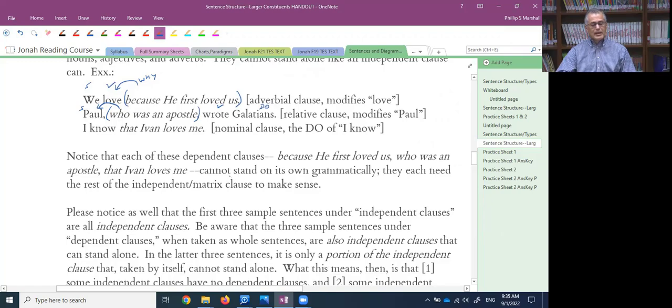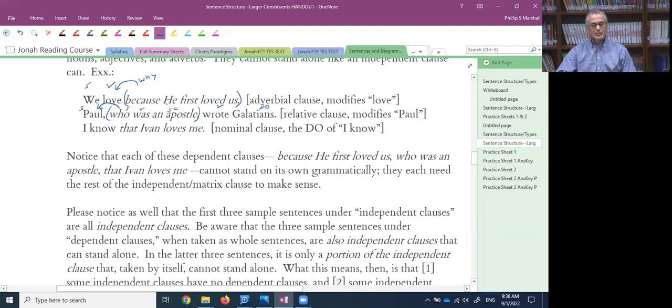So the main clause is subject, verb, direct object, but the embedded clause has its own structures, right? Subject, verb, subject complement, telling you what Paul was. Okay, and that embedded clause has a modifying function, and it's modifying a noun, Paul. Whereas in the first embedded clause, it was modifying the verb.